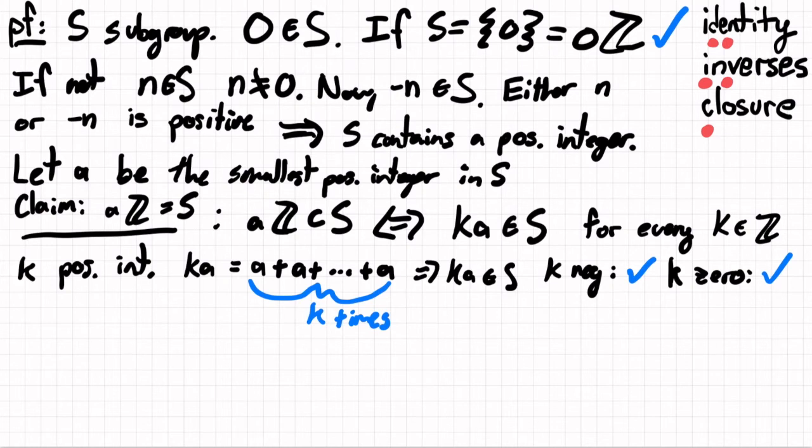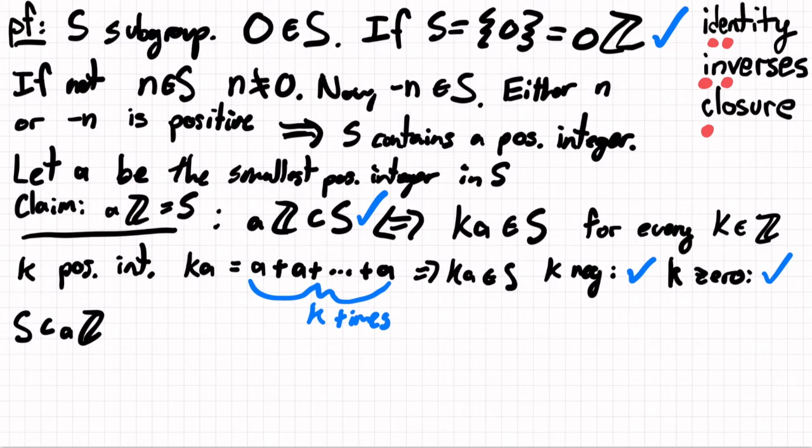Okay, so now we have shown this half of the equation, or, well, of the theorem, really. It's not an equation. But now let's show the opposite half. S is in AZ.